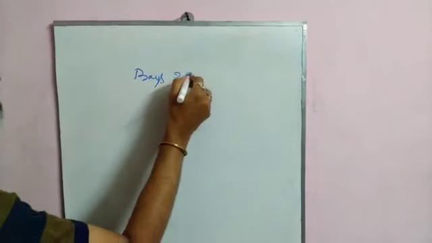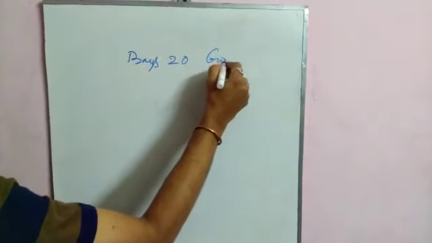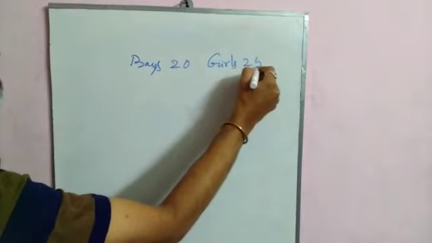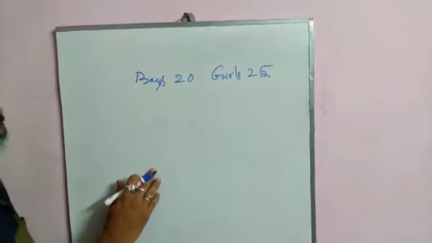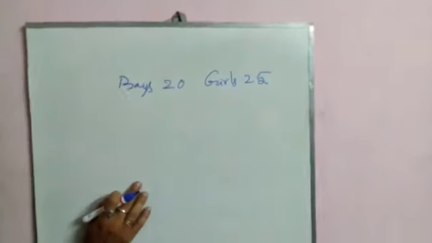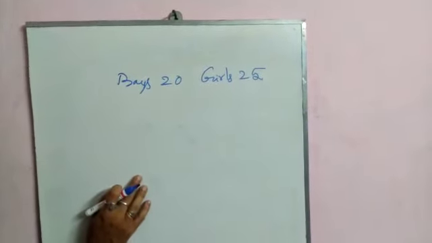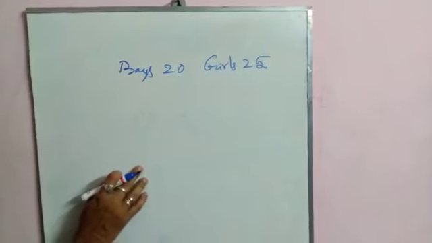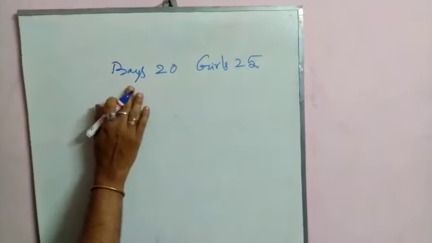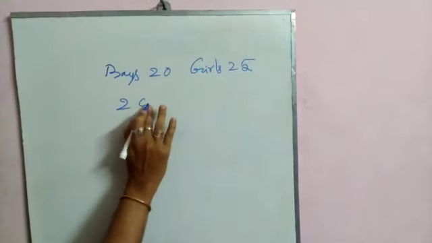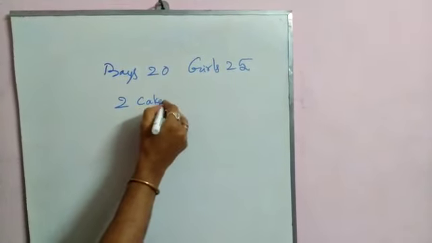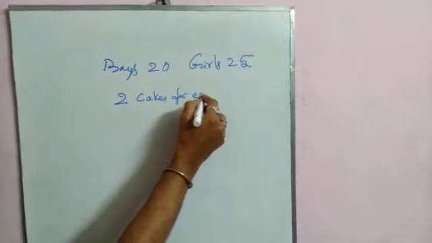There are 20 boys and 25 girls. And he wants to distribute 2 chocolates, or we can say 2 cakes, to each student.